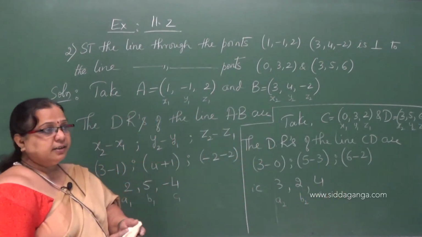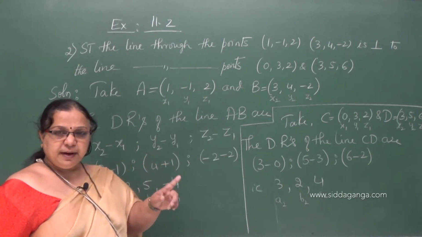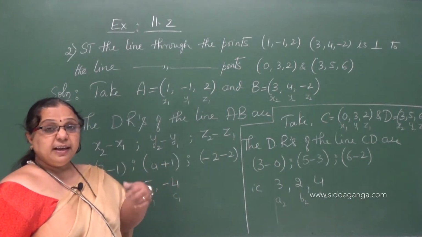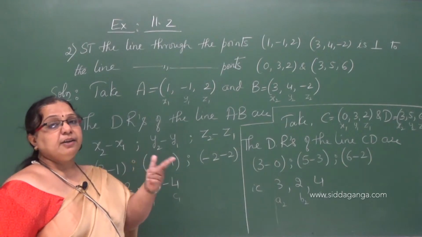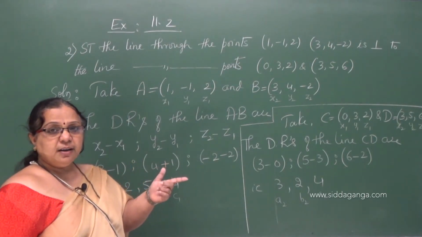To prove that the two lines are perpendicular when their direction ratios are given, we know the formula.